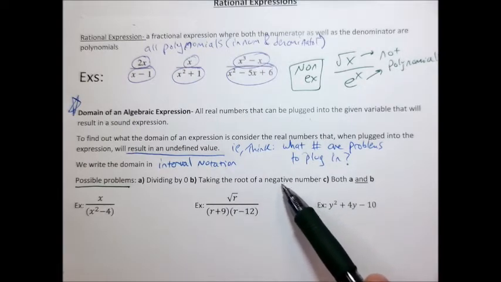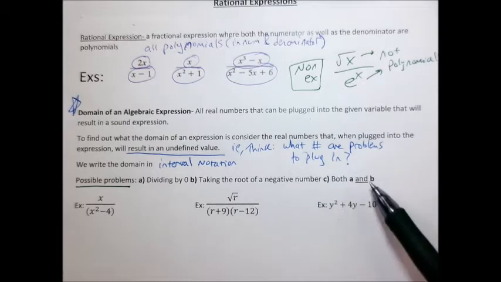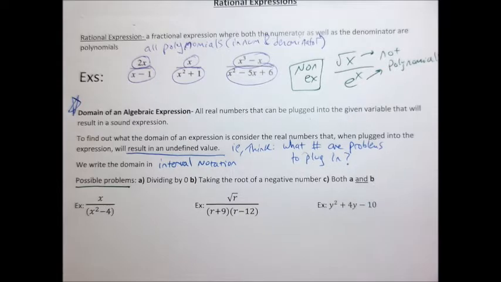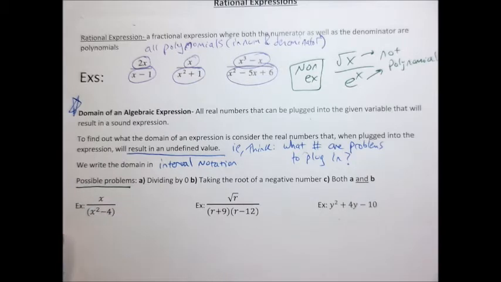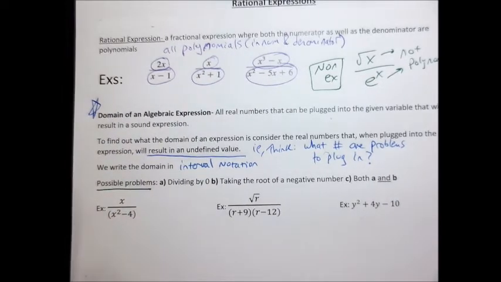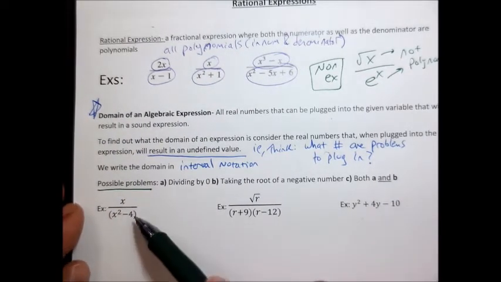Not necessarily square, but you can't take any even roots of negative numbers, or both of those things. And so we just look at the function and we think, when is that going to happen? And then we avoid those numbers. For example, in this first equation, are we ever going to take the root of a negative in there?